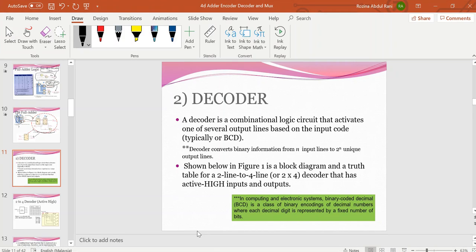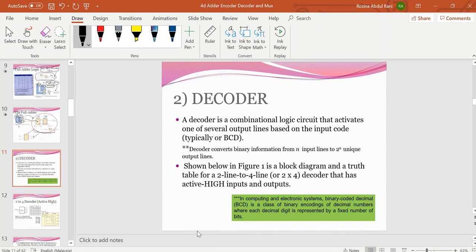A binary decoder will transform a binary input signal into an equivalent code using 2 power of n outputs. So if you have 3 input bits, the output is 2 power of 3, which means you have 8 outputs for the decoder.